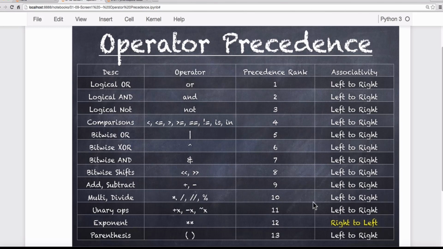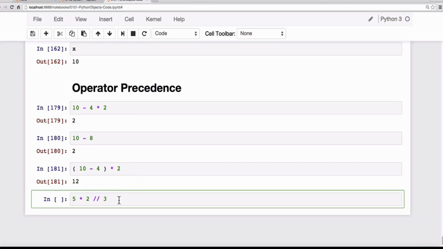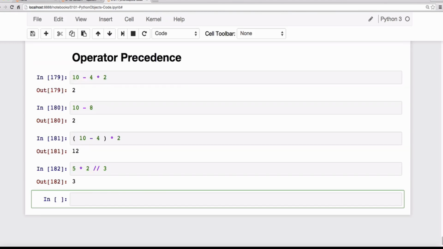So the associativity rule kicks in. It says to execute from left to right. Then it will be 5 times 2, which is 10, and then 10 floor divided by 3 equals 3. That is why the Python interpreter resulted in 3.